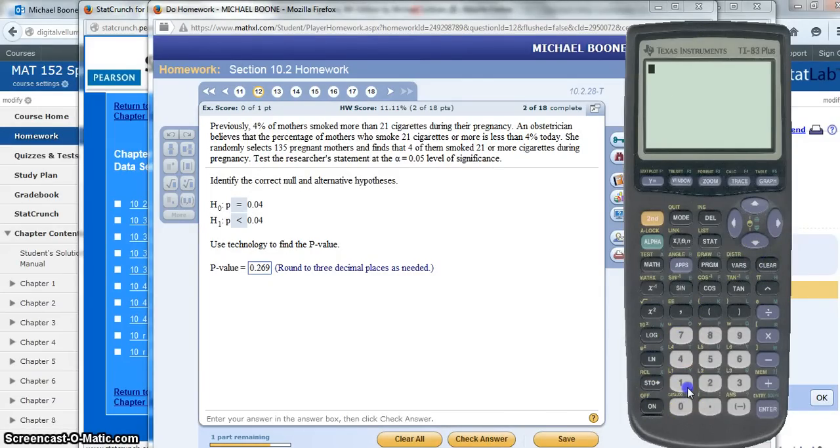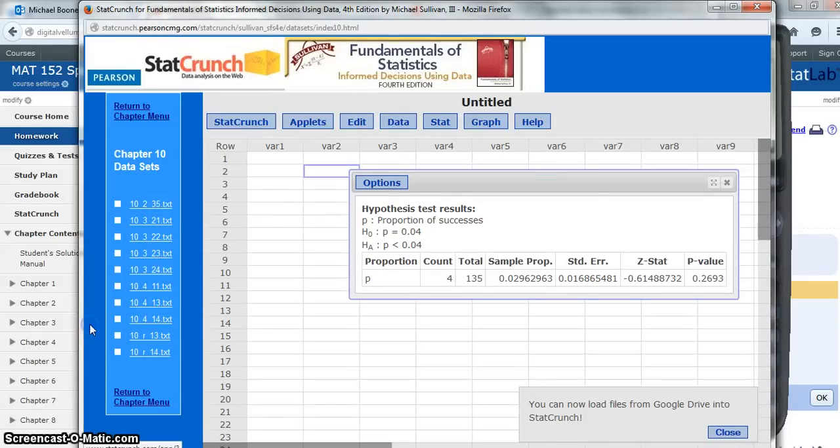So my n is 135. My p is 0.04. And my 1 minus p is 0.96. So this has to be greater than or equal to 10, and it's not. Alright, so that's going to change how we do this problem.